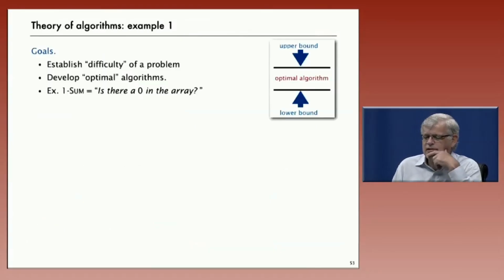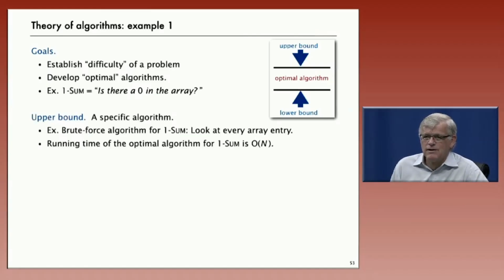So the examples are from our 1-sum, 2-sum, and 3-sum, which are easy to articulate. Our goals are to establish the difficulty of the problem and develop an optimal algorithm. So the 1-sum problem: is there a zero in the array? Well, an upper bound on the difficulty of the problem is some specific algorithm.